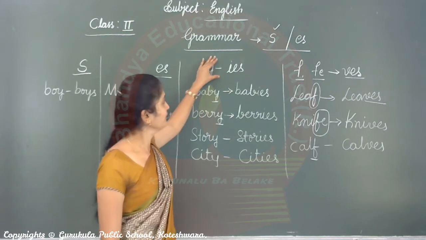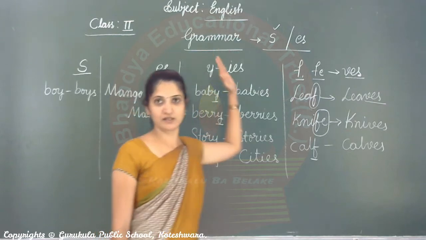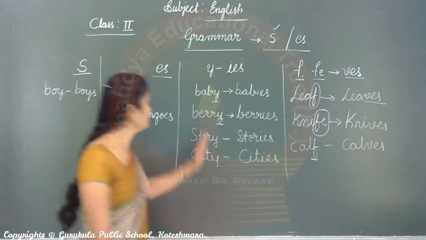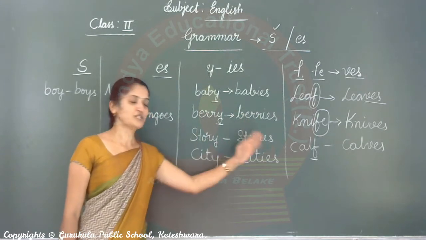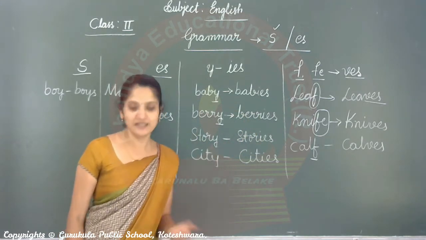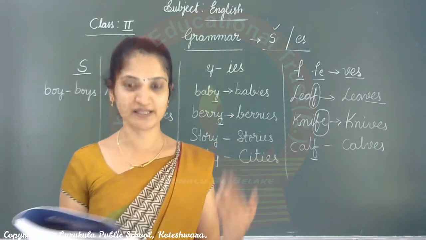Instead of Y, we will write IES in the plural form. Okay? Like all these words. Baby, babies. Berry, berries. Story, stories. City, cities. Like many words they give. Fly, flies. Army, armies. Like that.